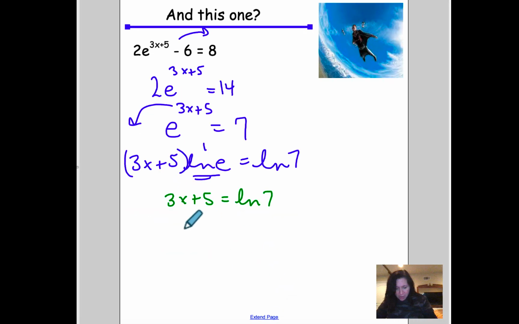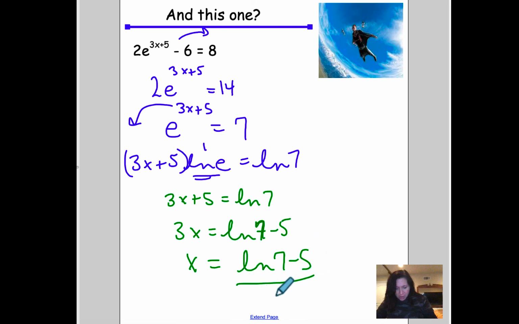Then I'm slowly just going to lose all the layers. We get 3x is equal to ln of 7 minus 5. Then divide by 3, and we get x equals ln of 7 minus 5, all over 3. Then again, you just use your calculator and figure out what that value is.